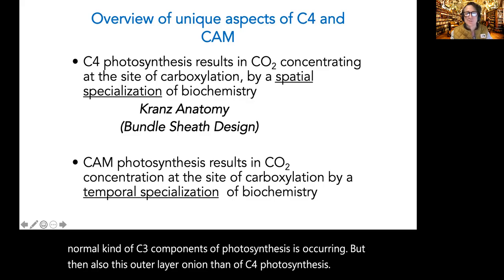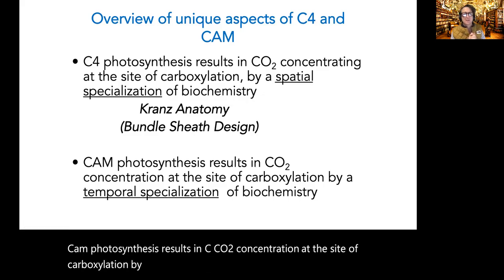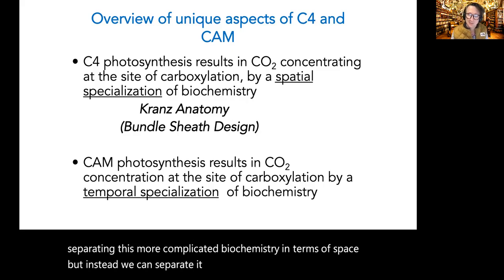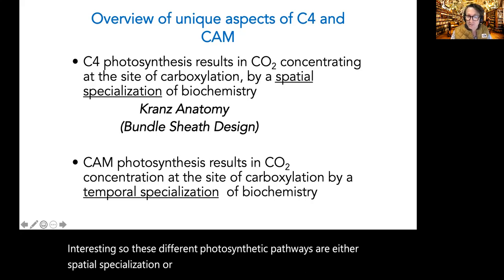CAM photosynthesis results in CO2 concentration at the site of carboxylation by temporal specialization. So we're no longer separating this more complicated biochemistry in terms of space, but instead we can separate it in time. Ooh, interesting. So these different photosynthetic pathways are either spatial specialization or temporal specialization.